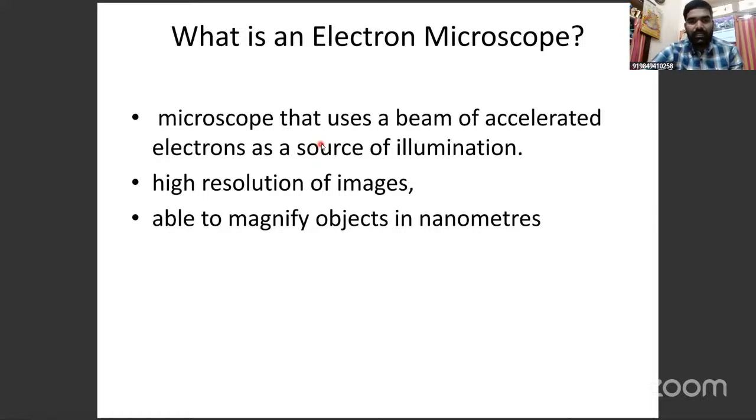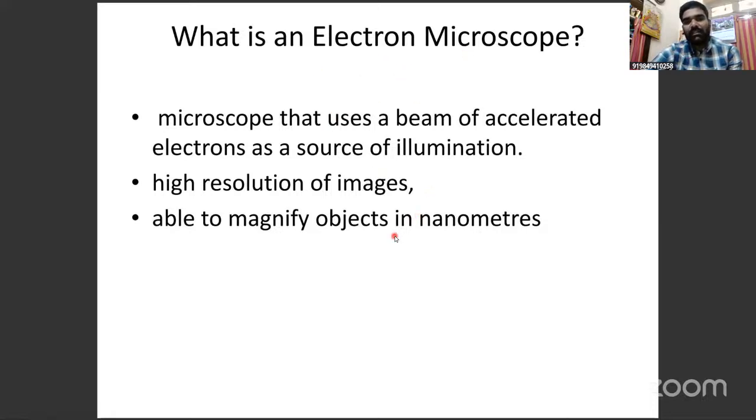These are the techniques or instruments used to study the structure and morphology, and also the internal structure of any sample. By using these microscopes, we can find out these characteristics. The first one is the electron microscope.